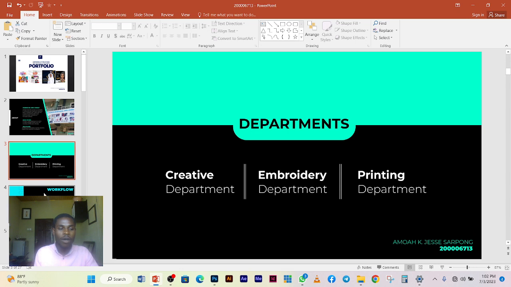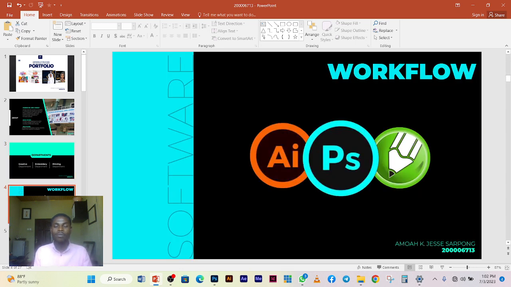Throughout my internship, I was asked to use three software: Photoshop, Illustrator, and CorelDRAW. Photoshop helped me in designing flyers, Illustrator was used in designing logos, and CorelDRAW for designing the logos that were to be used for printing the t-shirts. We use the embroidery machine for the t-shirt printing, and the machine has its own software, the Stitch software.